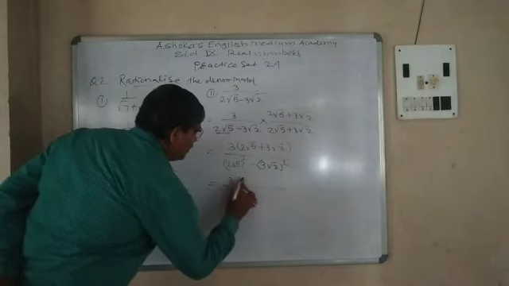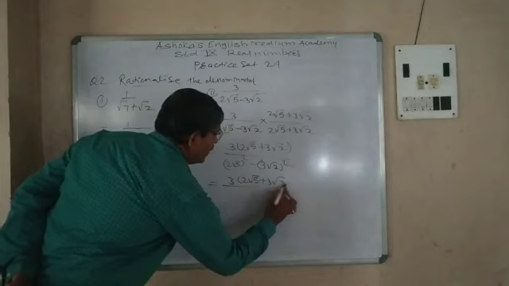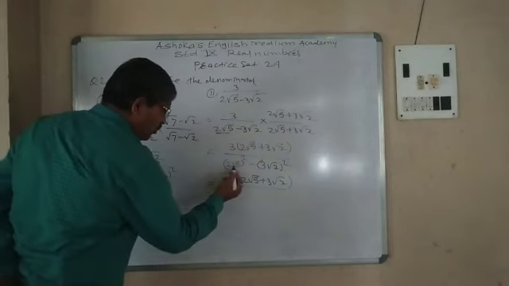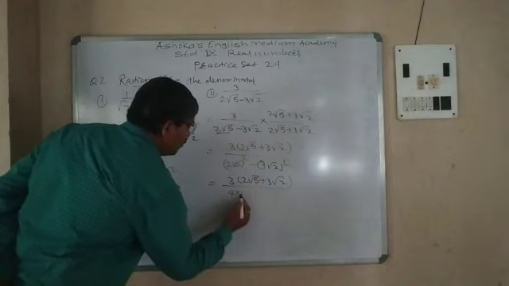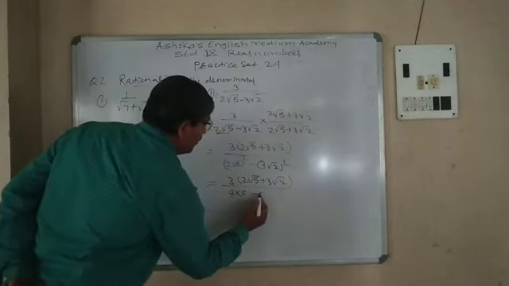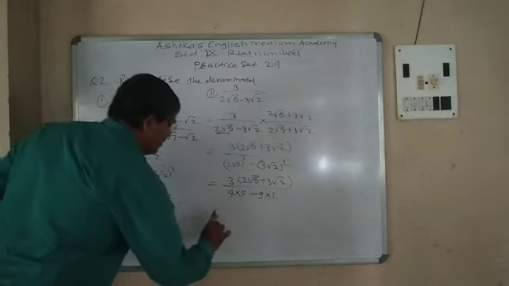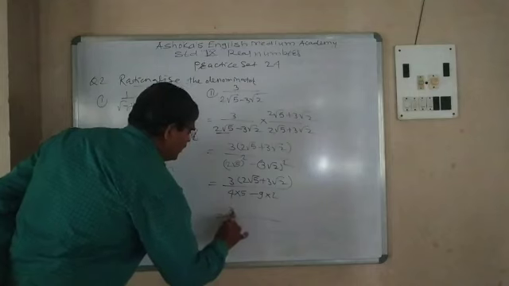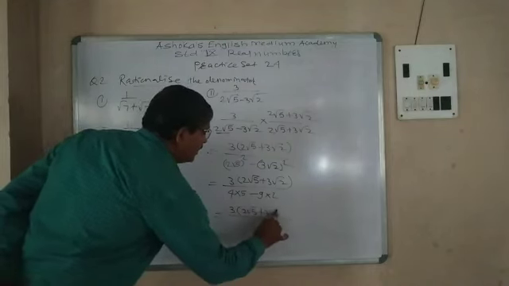Numerator, write as it is: 3 in bracket 2 root 5 plus 3 root 2.